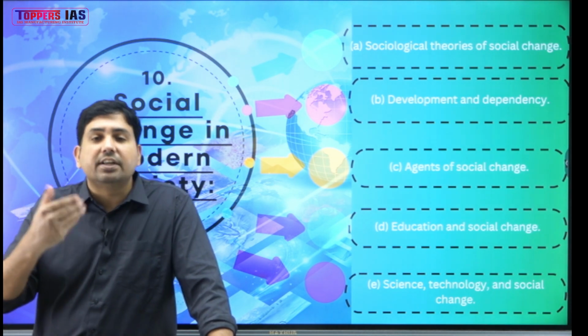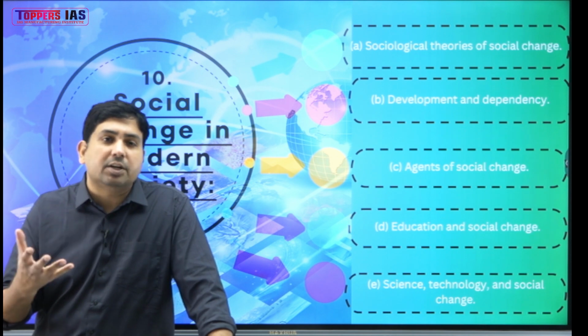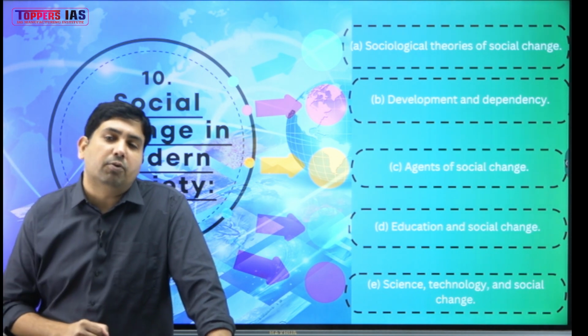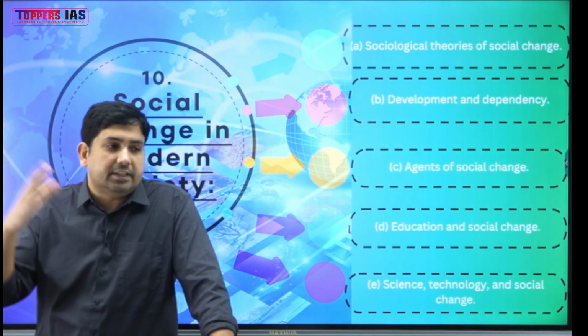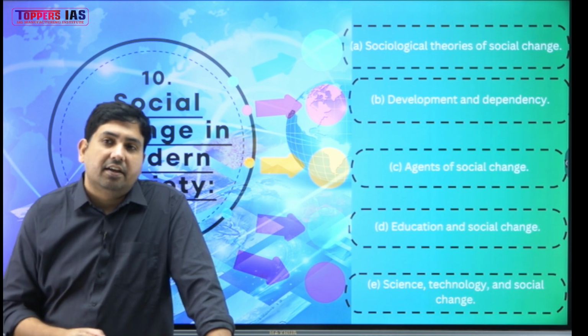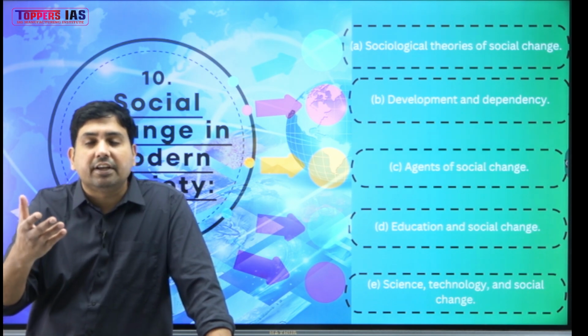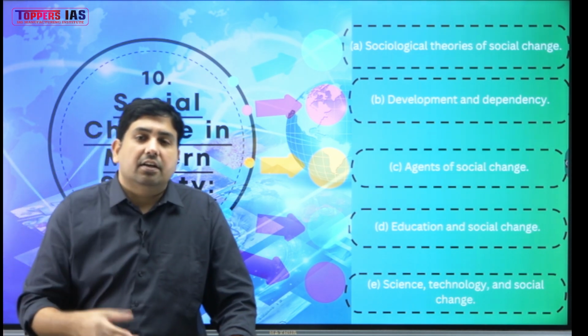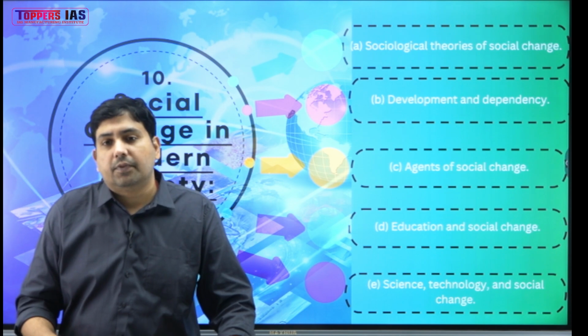Right now we are witnessing that well-educated people generally go for live-in relationships. They live in cities, they work there, they now prefer not to get married, they are living together. So live-in relationships.